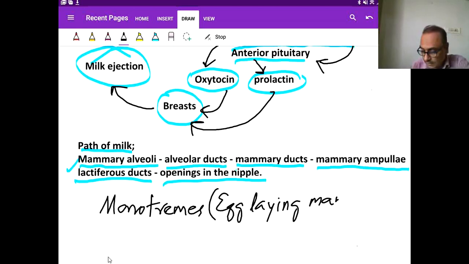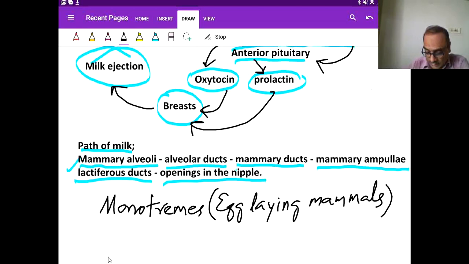Egg-laying mammals like Echidna and Platypus don't have nipples or structures visible outside for production of the milk, but the glands are there in the skin, and the ducts of the glands directly open through openings in the abdominal region on the ventral side of the belly, so that the newborn young ones can just lick the milk from the skin of the mother.